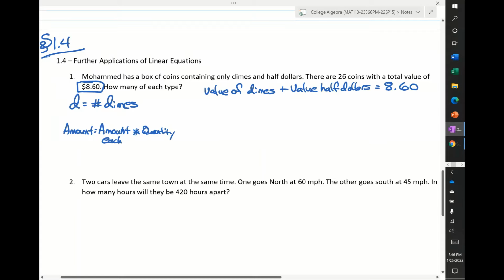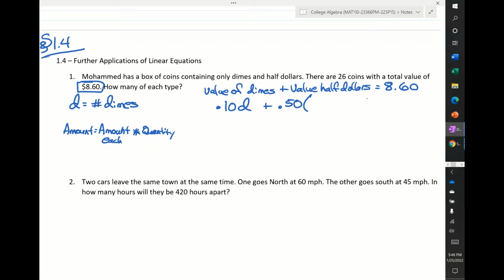This is where we have to use a little bit of logic. The value of the dimes would be 10 cents times the number of dimes. We're going to add the value of the half dollars. Half dollars are 50 cents, but how many half dollars are there? We have 26 total coins.